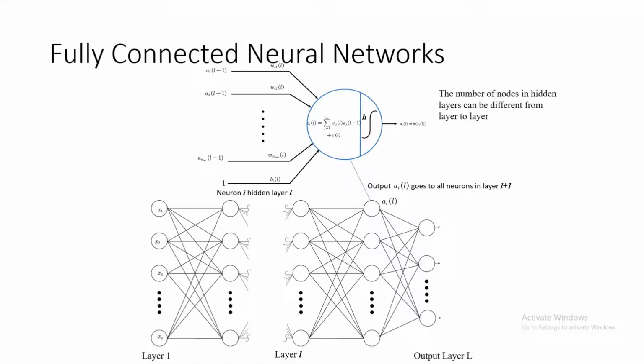As I said before, the first subscript, which is I, denotes the neuron that receives the signal, and the second subscript, J, refers to the neuron that sends the signal.